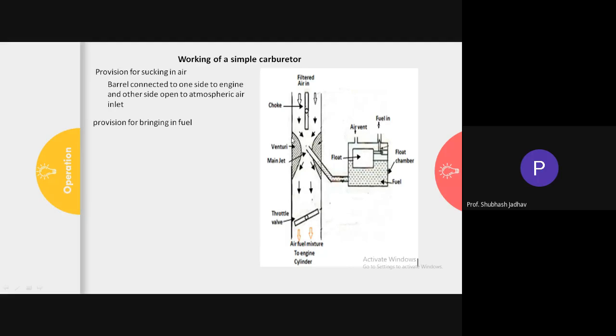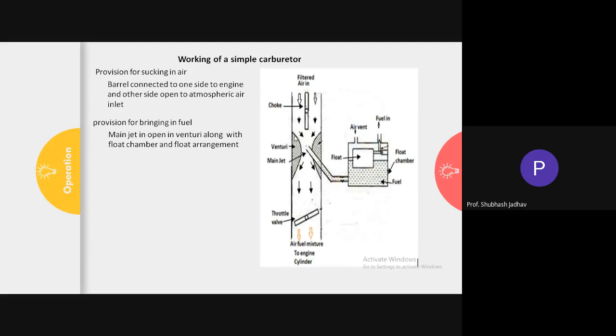There should be some provision to bring in the fuel. And what is it? We have discussed it over here, this main fuel jet. How is it being done? A main fuel jet is opened in the venturi side of the carburetor, along with a float chamber and float arrangement. We have provided a main jet with a float chamber and a float in it. The main jet opens in the throat of the venturi.